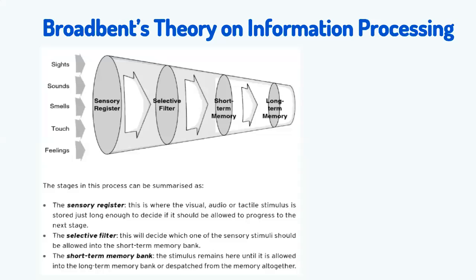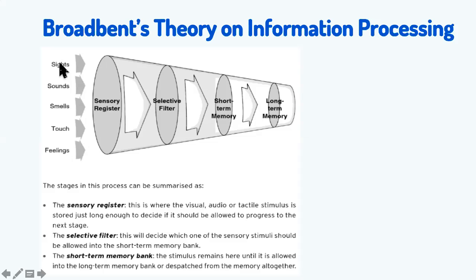There are other models of information processing. The popular one, of course, is Mayer's, and Broadbent also has one theory of information processing, which is able to be explained through the appealing of the five senses that human beings have.